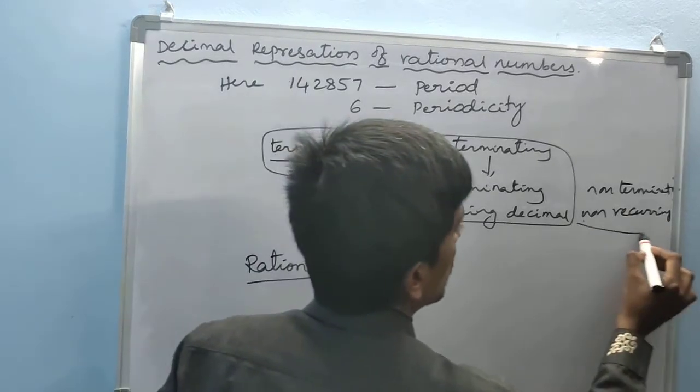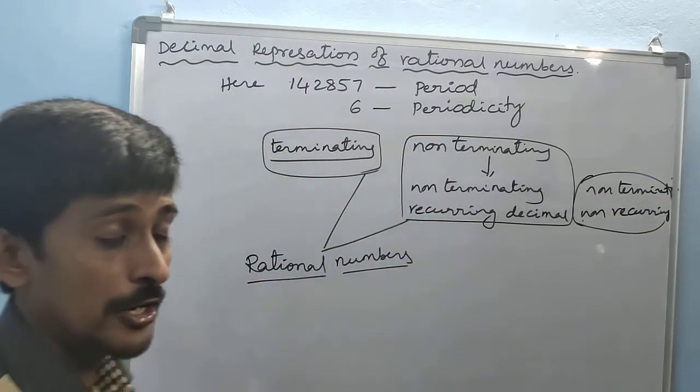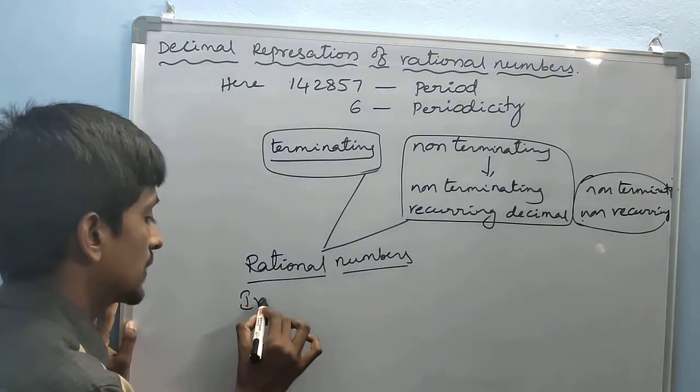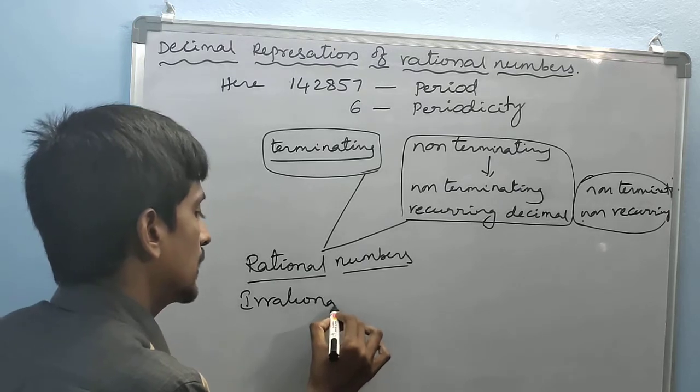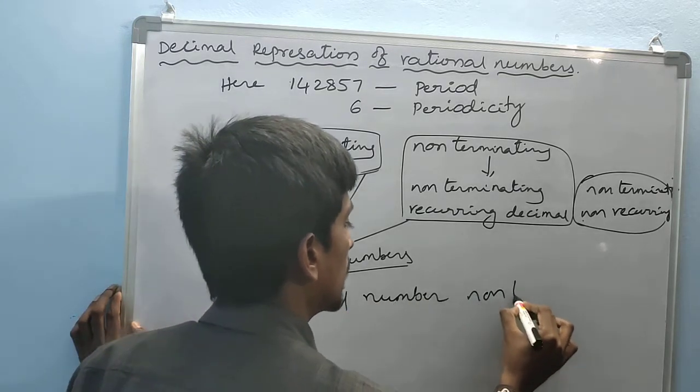What about non-terminating and non-recurring decimals? Non-terminating non-recurring decimals are called irrational numbers.